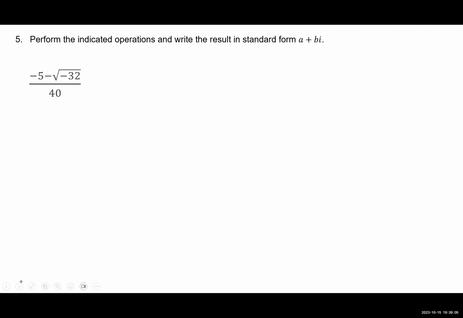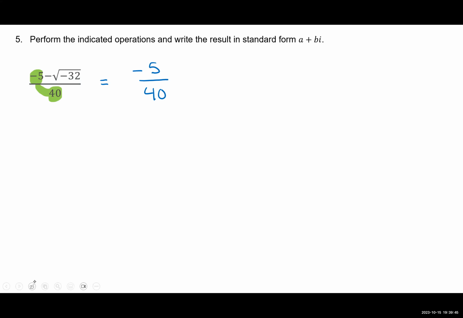And we've got, let me use my highlighter here. We've got a negative 5 on top, and that's being divided by 40. Let me switch here, so much switching. Okay, so that's negative 5 divided by 40.